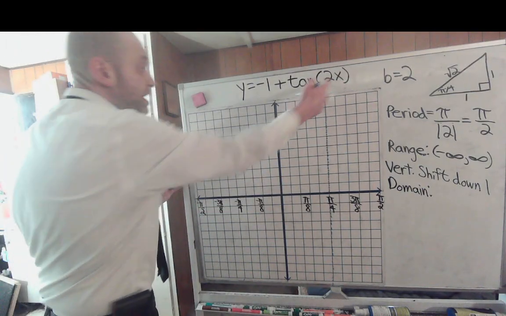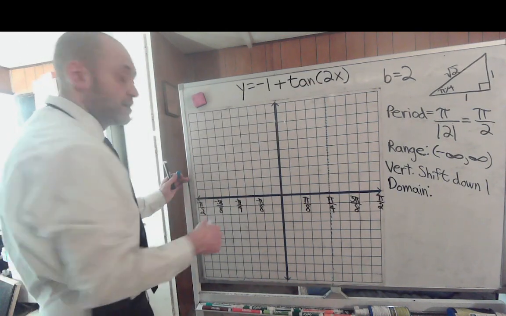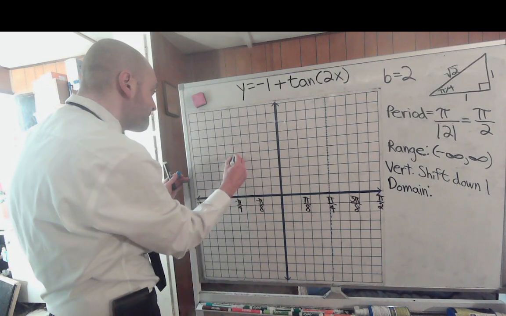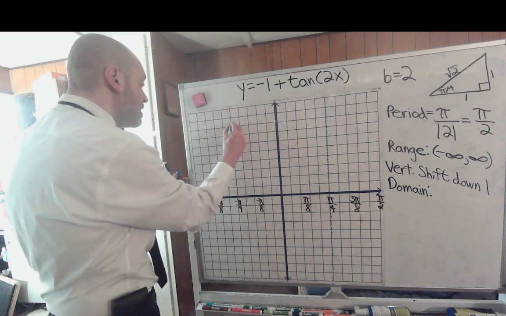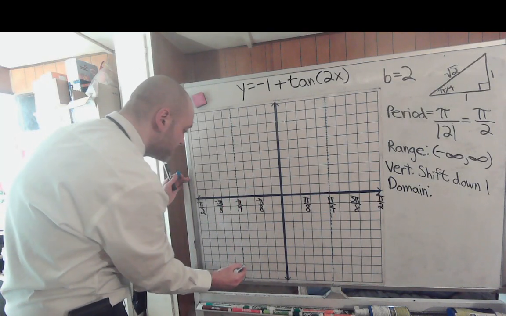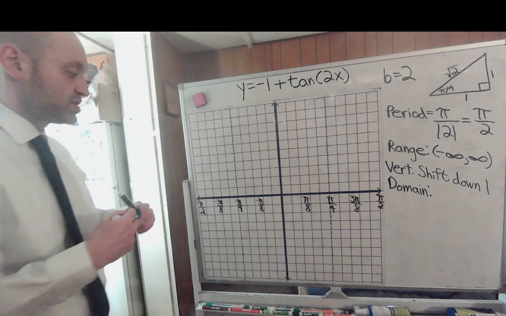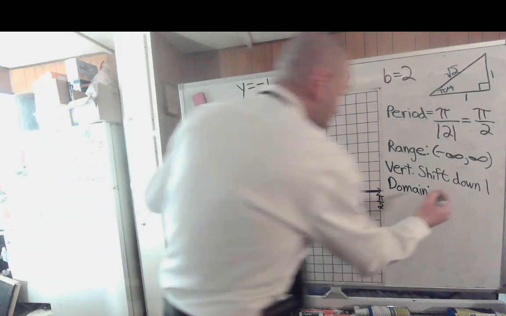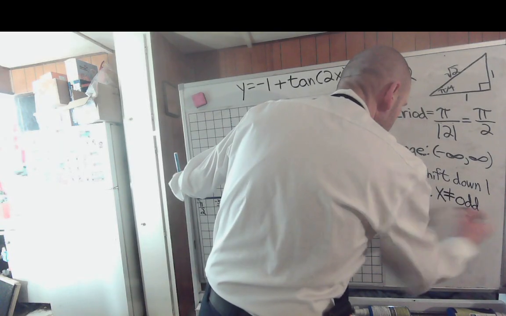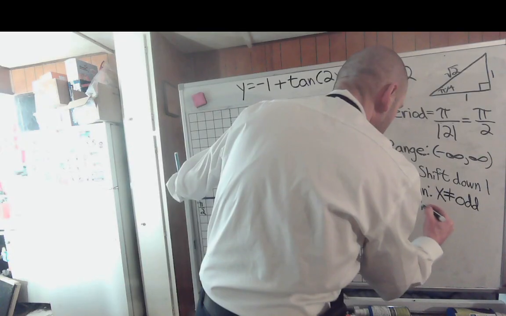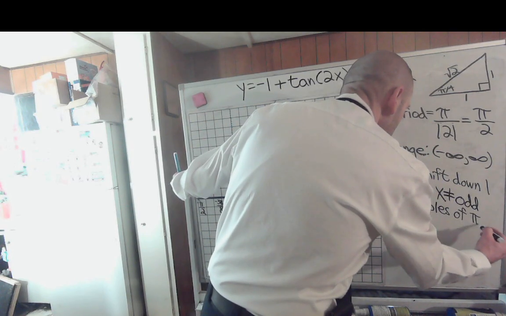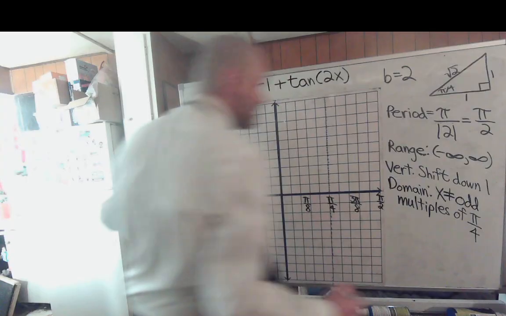If I put in negative pi over 4, that would give me the tangent of negative pi over 2, which is also undefined. So I have a vertical asymptote at x equals negative pi over 4. And those should really be my only two asymptotes. So my domain is all reals except x cannot equal odd multiples of pi over 4. Alright, so there's my domain.